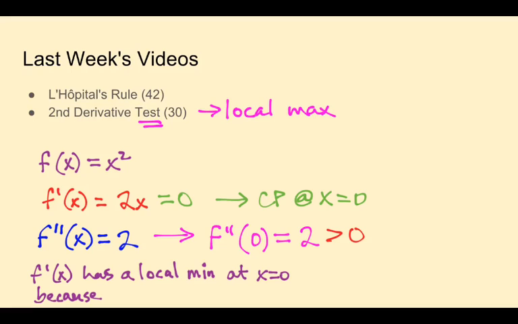So it has a local minimum at x equals 0 because, why? There's two things that I need for the second derivative test. How do we say it's a horizontal tangent? F prime of 0 equals 0, because we're saying this at x equals 0, right?